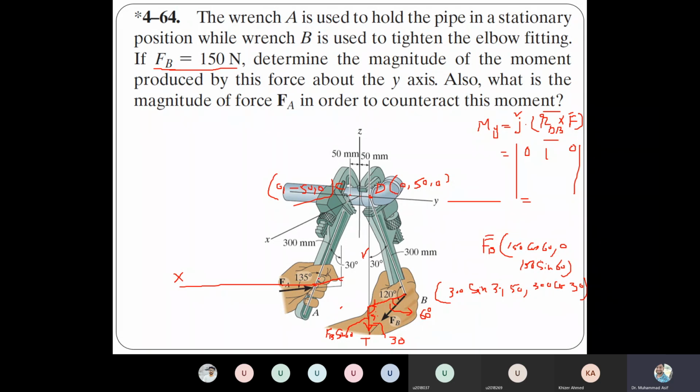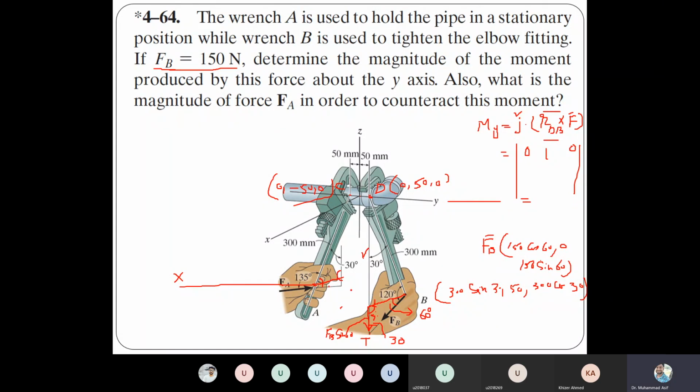Again, what is that angle? From this force the total angle is 180, because the angle on a straight line is 180. So what is this angle? 45. This angle is 180 minus 135, 45. So this is 45, and then this is 45, and this is 90.